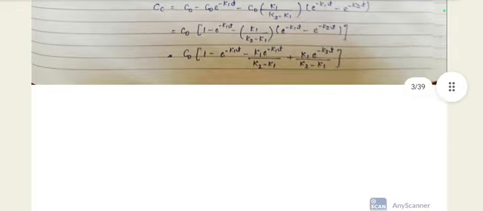C naught into 1 minus e raised to power minus K1 t minus K1 e raised to power minus K1 t by K2 minus K1 plus K1 e raised to power minus K2 t by K2 minus K1.